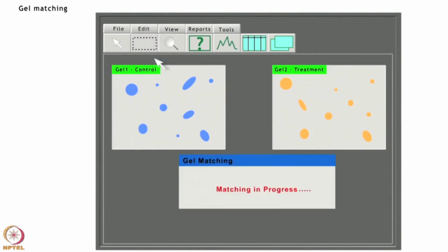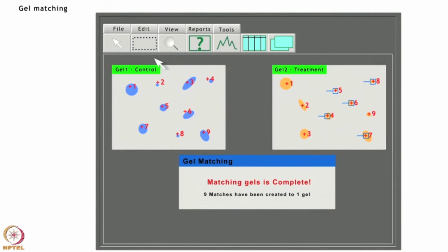The matching spots are marked, and any variations in the spot position are indicated by blue lines in one of the gels. This provides an understanding about the reproducibility across gels.